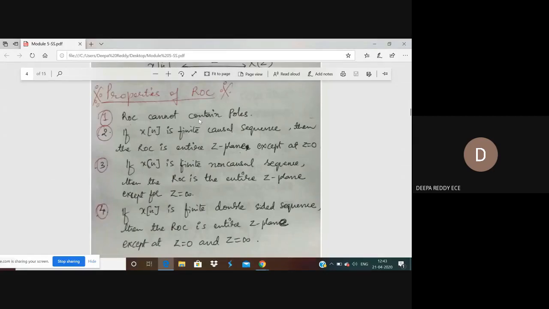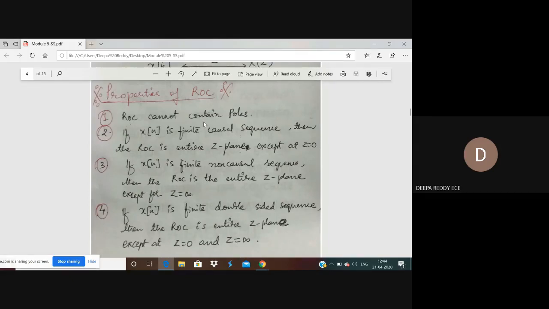If x of n is a finite causal sequence, I need not specify what a causal sequence is. Causal sequence means the signal is 0 for all values of n less than 0, or the signal is totally right-sided, meaning for all n greater than or equal to 0 the signal exists. Such a signal is called a causal sequence. Why sequence? Because all our discussion is with respect to discrete time.